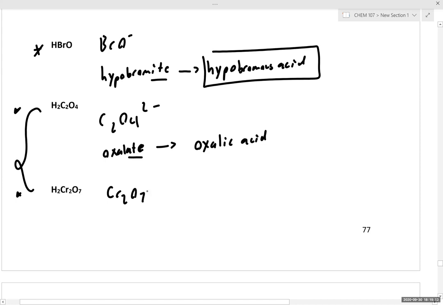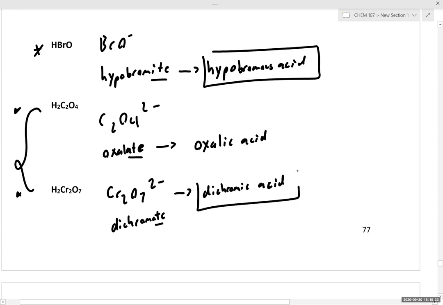Likewise, Cr2O7 2 minus is known as dichromate, and dichromate in turn turns into dichromic acid. ATE turns into IC.